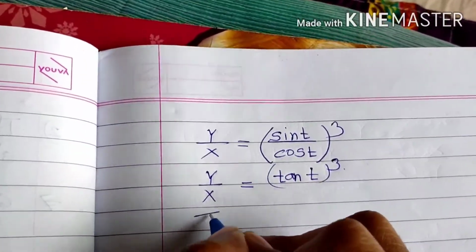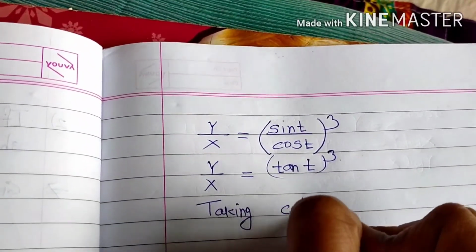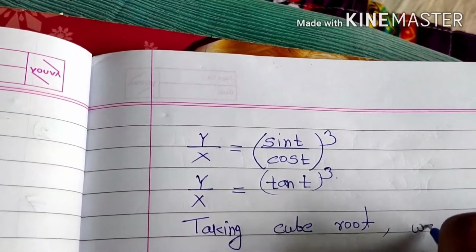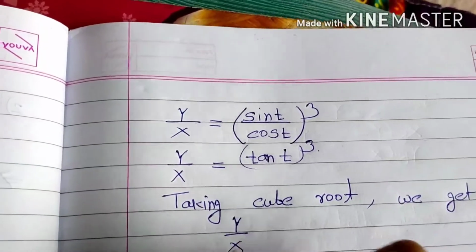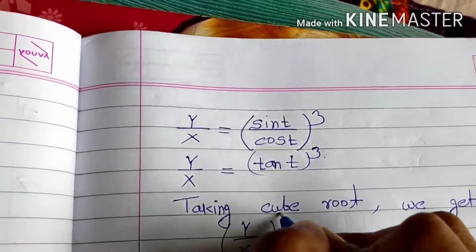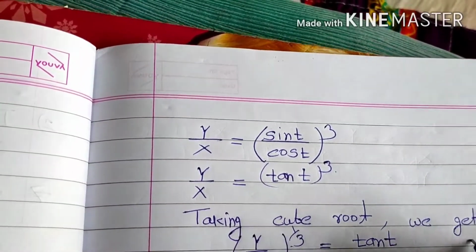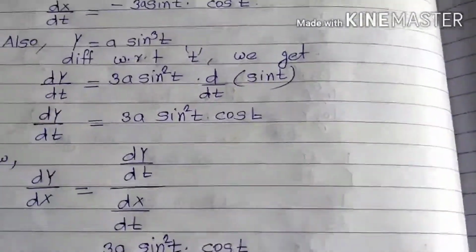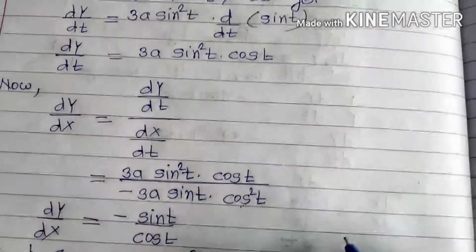Taking cube root, we get y upon x raised to 1 by 3 is equal to tan t. Give it second. Now here, dy upon dx is equal to this.